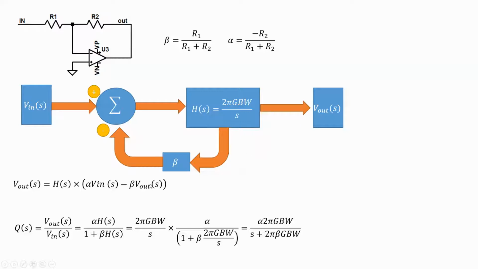So we just draw out the equation based on this, and so the difference is we have alpha Vin, whereas before we just had Vin. We go through, calculate all this, and now we have alpha 2 pi gain bandwidth, but notice the cutoff frequency is still the same.